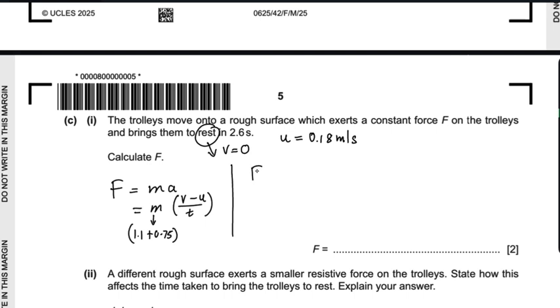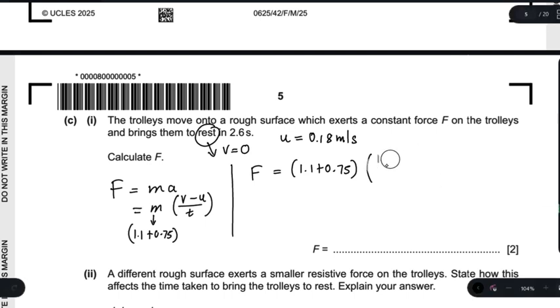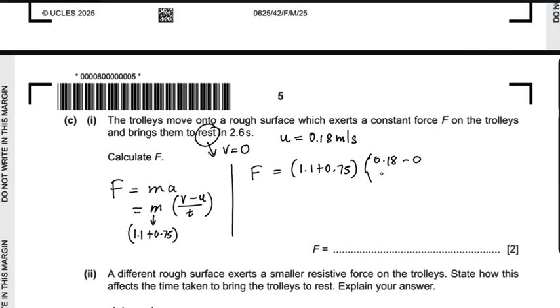So we are coming down here, we're saying F is equal to 1.1 plus 0.75 multiplying 0.18 minus 0, divided by 2.6. Let's see what we get here. 1.1 plus 0.75 times 0.18 over 2.6.